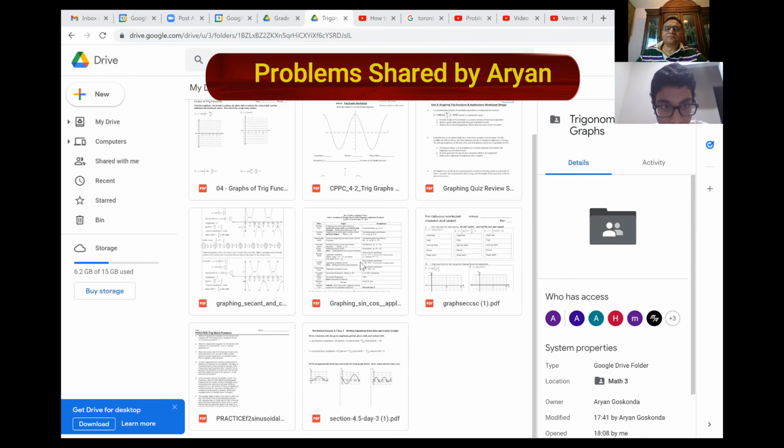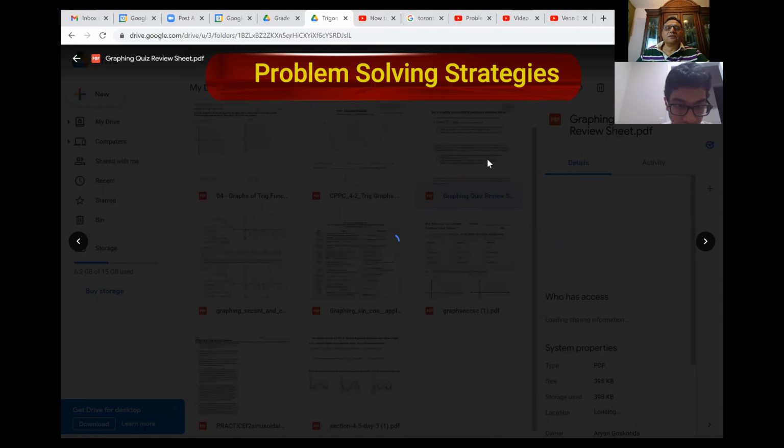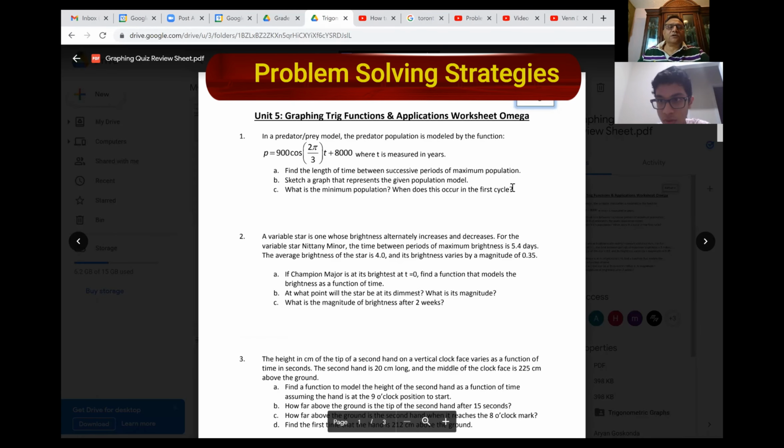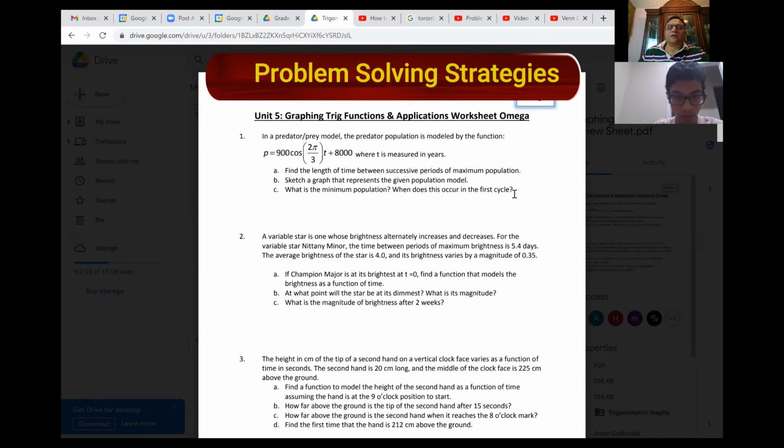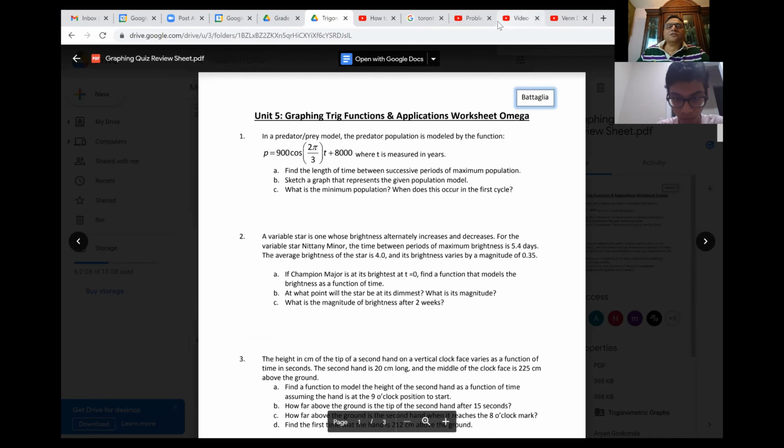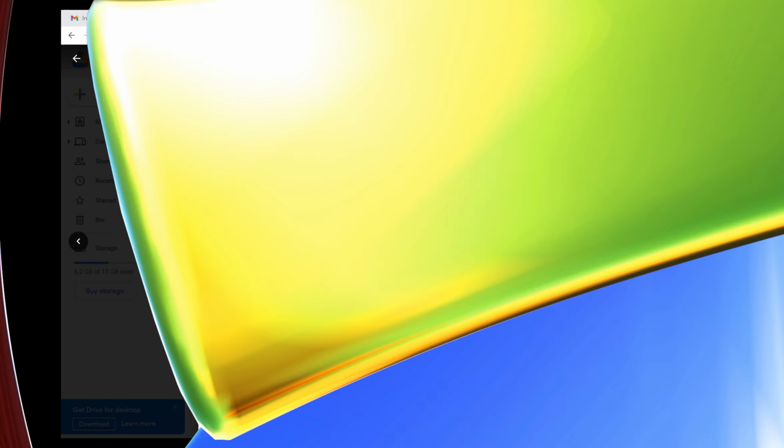It's the Graphing Quiz Review, right above that. Yeah, that one. Okay, great. So that's the one which you want. Perfect. So this is the graphing trig functions and applications worksheet. Good. So let's work on this and see how we can solve some questions.